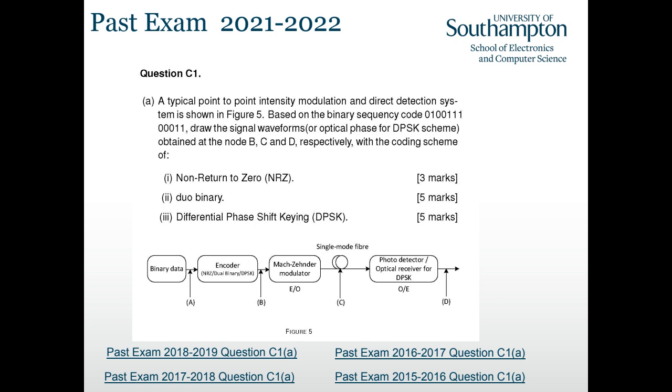So first of all, let's look at the exam paper from last year, which Liliang has sent to you. The first question: a typical point to point intensity modulation and direct detection system is shown here. Basically we want you to derive different modulation schemes that can modulate these binary bits.